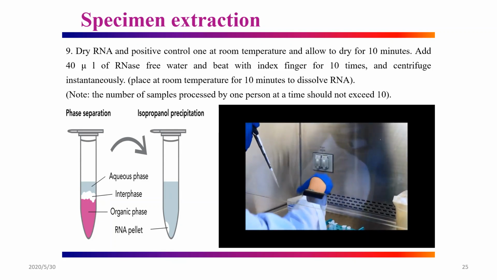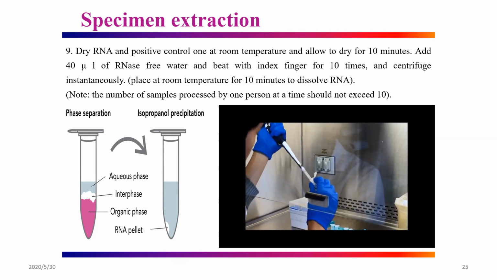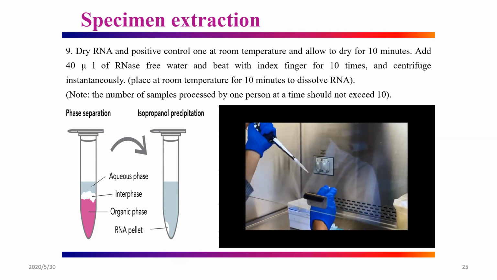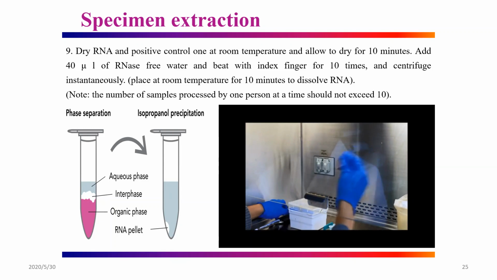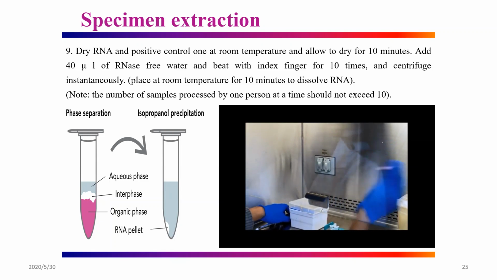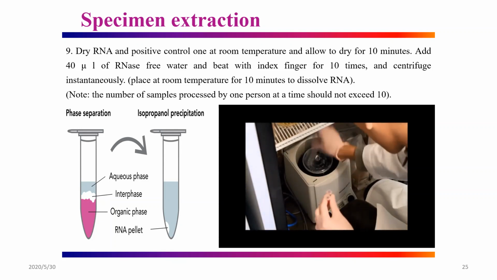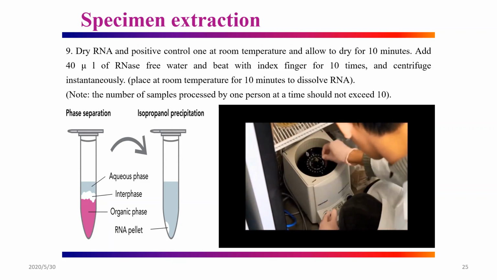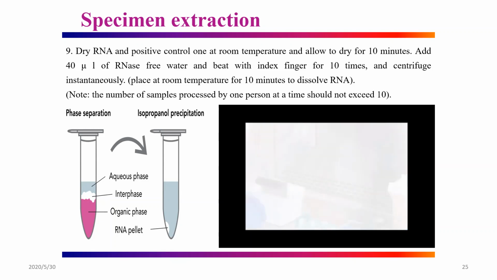Next is the phase separation step. Chloroform is added to the sample. The sample is shaken vigorously and incubated for 3 minutes at room temperature. After that, the sample is centrifuged at 12,000 G for 15 minutes.